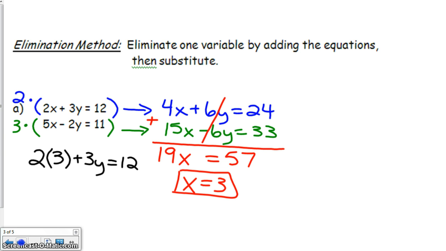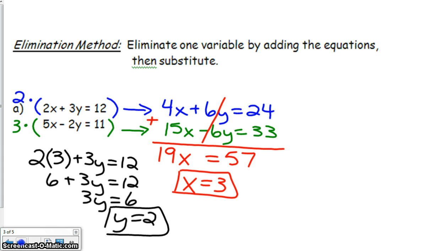I now can continue to solve for y. So 6 plus 3y equals 12. 3y equals 6. y equals 2. I now have my x and my y coordinate. So when I write my solution, I want to make sure I write it as an ordered pair, 3, 2.